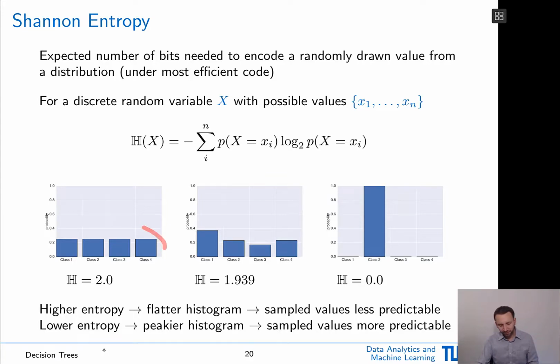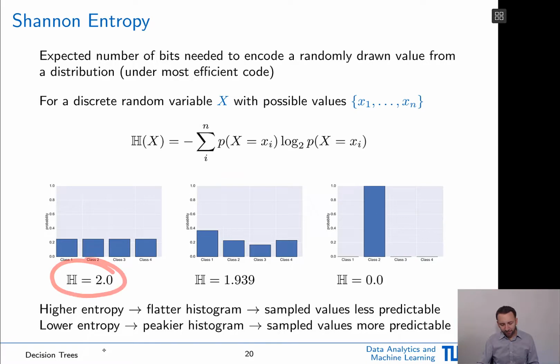So let's say you have a distribution which is completely flat, which is in our case the worst setting, right? We don't want to have a region in a decision tree where we have all classes equally distributed. Then we can't make any perfect decision. If you compute the entropy for this, and here's the definition of the entropy one more time, it will turn out that this becomes 2. So we compute the entropy with respect to the base 2, okay?